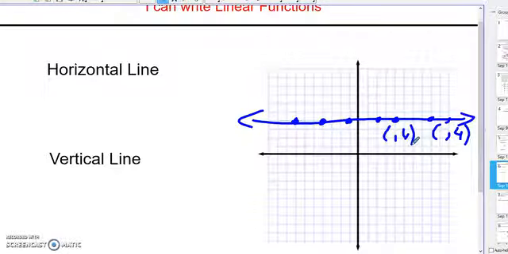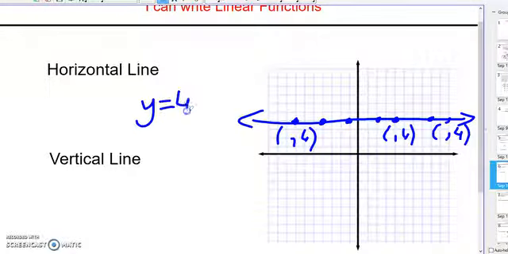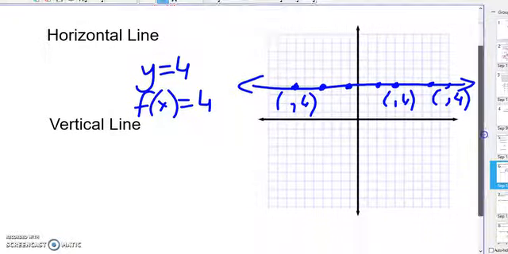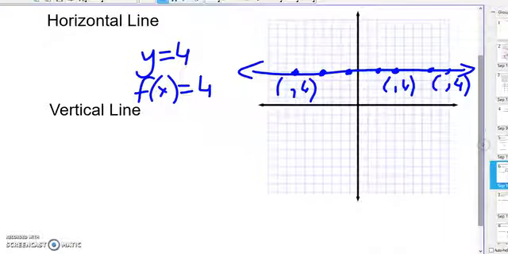So no matter where I go on this line, my y value is 4. So this is a special type of line, and I can write y equals 4, or f of x is equal to 4, and that is the equation or the function for that particular line. So y is always equal to 4.